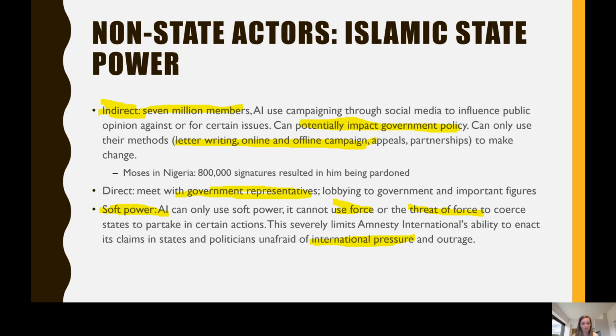So overall with power, they do have power with indirect or direct pressure, and also through soft power. However, this is sometimes limited if states aren't afraid of having a poor international standing. And without force and without pressure that Amnesty can do, they sometimes don't have enough power to make change.